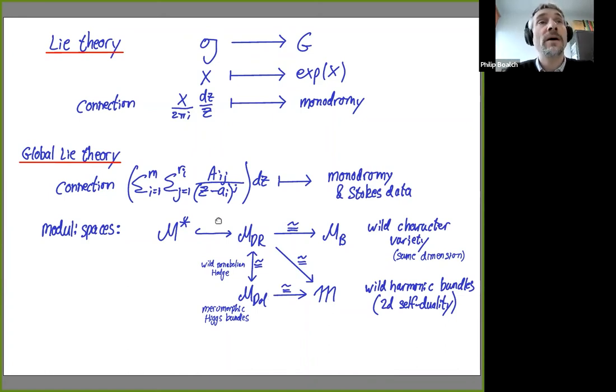And so the point is, if I'm looking at connections, if I do a gauge transformation, you get this extra term like dg g inverse, and then you can take the autonomous limit of that to get to this Higgs or L operator picture where you're just acting by conjugation. So there's a stability condition for these meromorphic Higgs bundles, and that turns out to be also the condition for the existence of this harmonic metric as well.